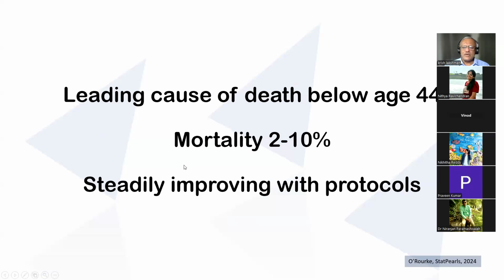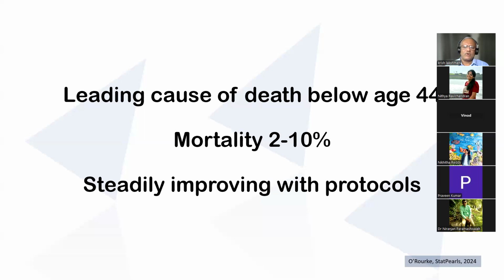Okay. It's a leading cause of death in young people. That's for sure. Mortality at a conservative level is 2 to 10%. That's in the West, where they have very advanced trauma and triage systems. They have full-blown community systems and paramedical staff and all that.